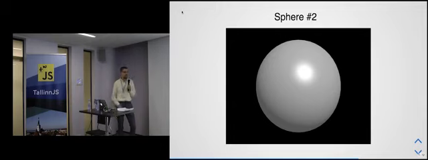We have almost the same vertex shader, and the same fragment shader. The only difference is that here we compute a normal for each vertex, and interpolate it over the surface.